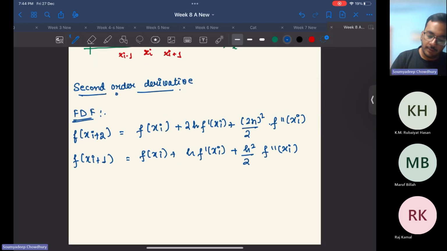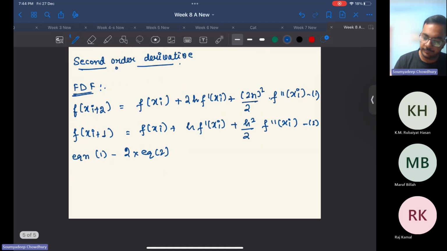So again, we have these two equations, 1 and 2, and from this we need to find out f double dash xi. Here the coefficients are 4h square by 2, 2h square, and h square by 2, right? So what we do is equation 1 minus 2 into equation 2.